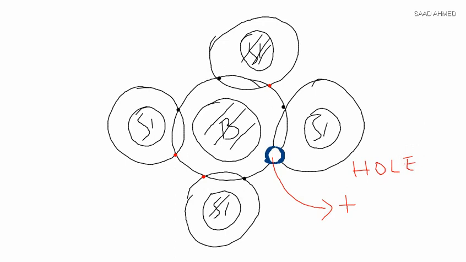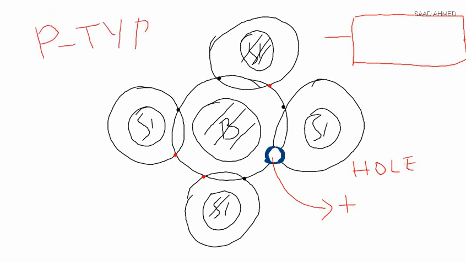And after the doping process, if you look at the figure of a p-type semiconductor, which is produced after adding a trivalent impurity like boron, and if you created one hole after doping, that means you have added one impurity atom.